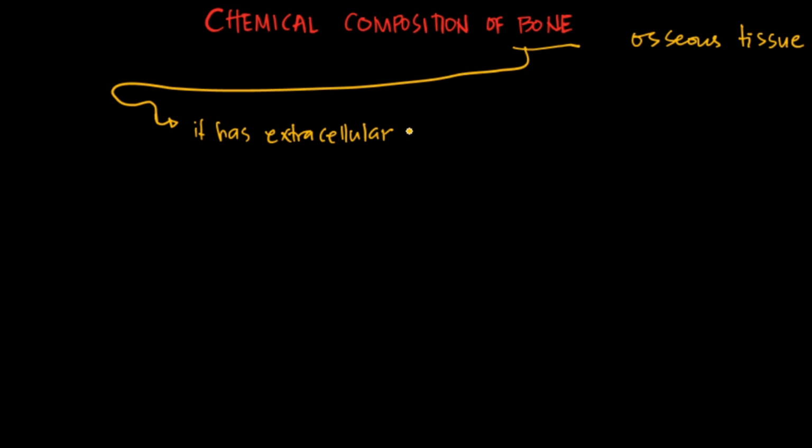What is this extracellular matrix of your bone? Your extracellular matrix has collagen. It is said that there is 30% collagen as part of the extracellular matrix that is present in your bone.